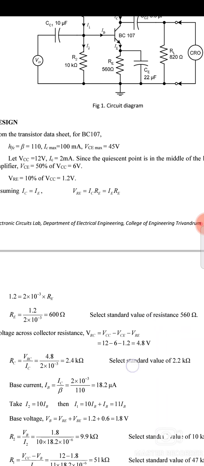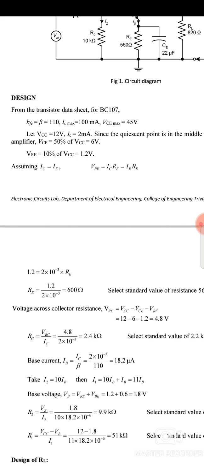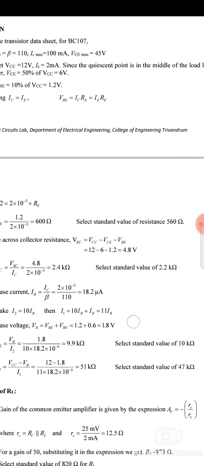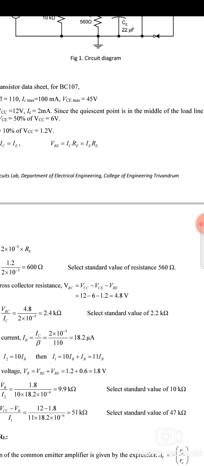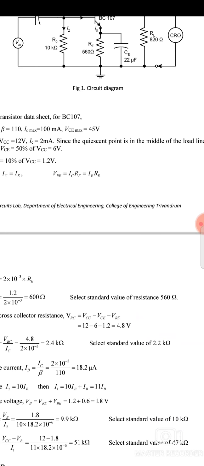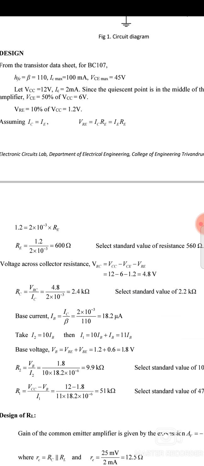These are the standard values, but we are getting 600 ohms. So we have considered the standard value near to that value. That value is implemented in the amplifier circuit to get faithful amplification at the output, right?